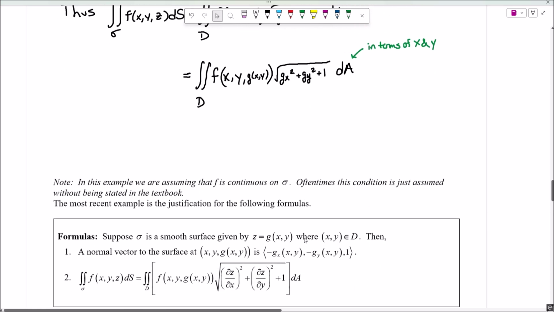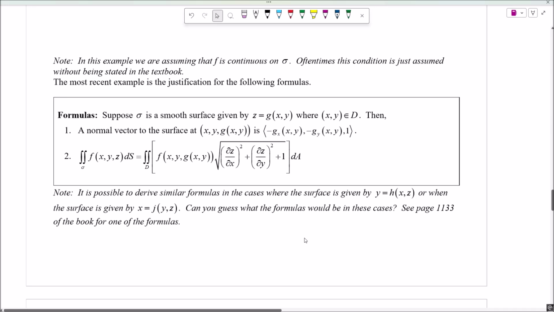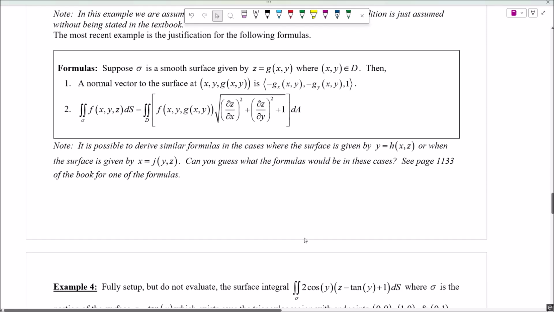Okay. I want to go ahead then and take a look at what this means for the following formula, and also to make some more general statements about the way that we can frame our thinking throughout the rest of this section. So note here again, what we had just shown above is that if sigma was a smooth surface and I had a function, a landscape, z equals g of xy, and there was some range down in the xy plane that I was going to work over, then two things could be established.